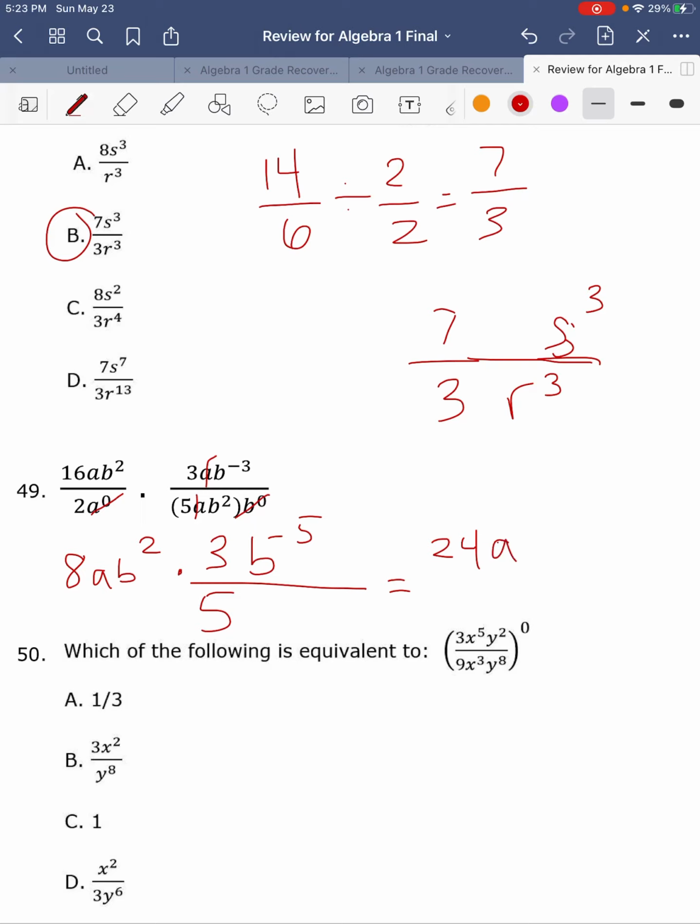Then I just have an a. Then b squared times b to the -5, I would add those together, and I'd get b to the -3 all over 5. 24/5 can't be simplified, so I'll leave that, but that -3 does have to go to the bottom. So this would end up being 24a over 5b to the third.